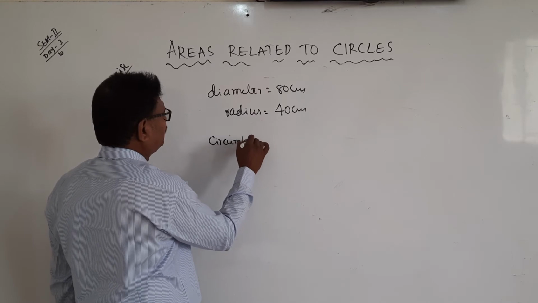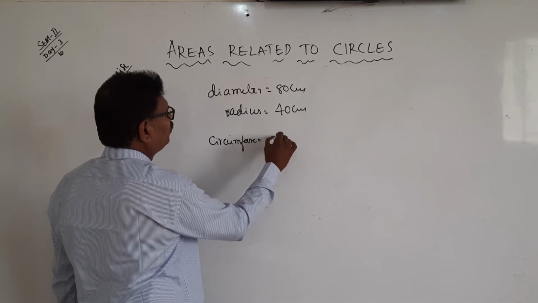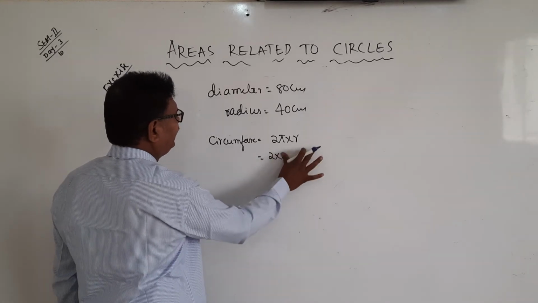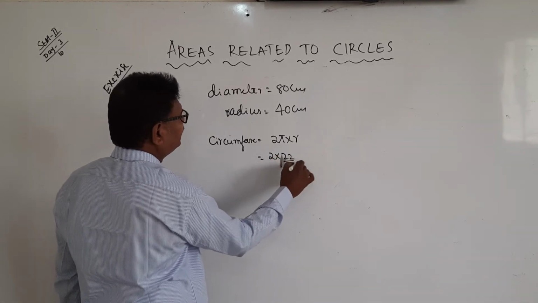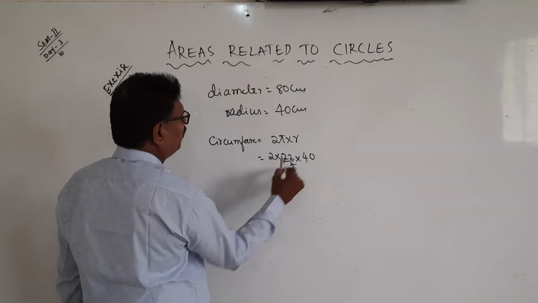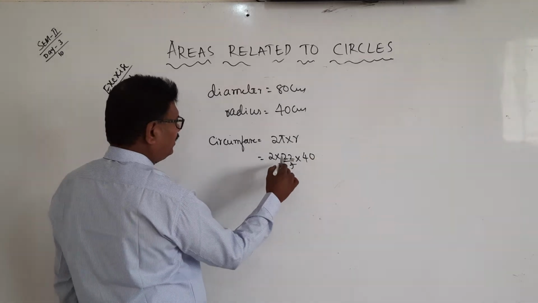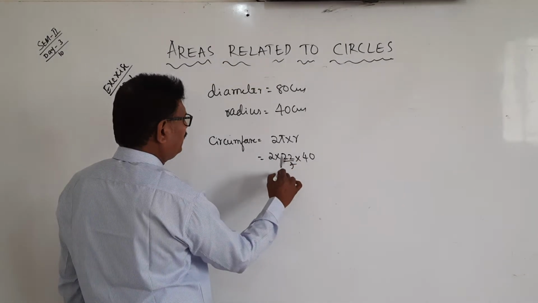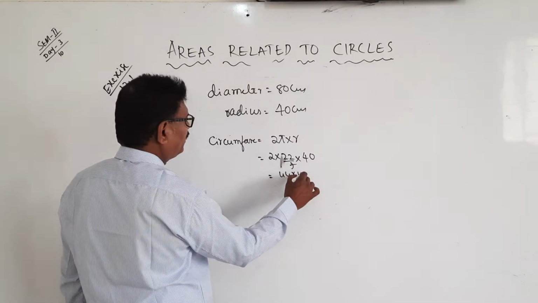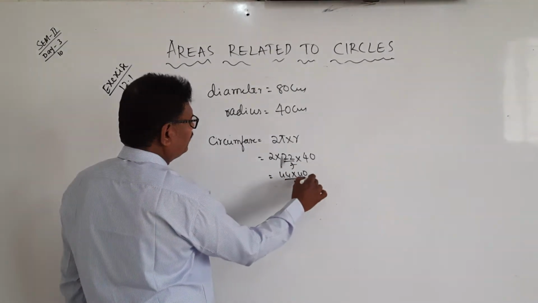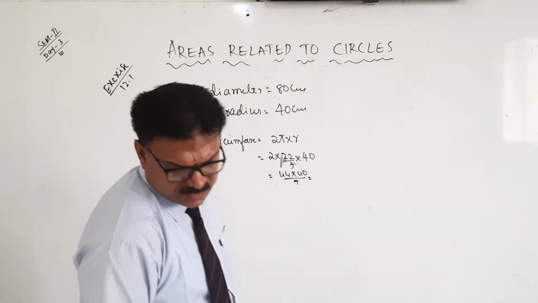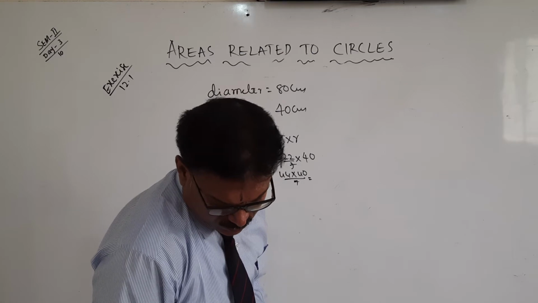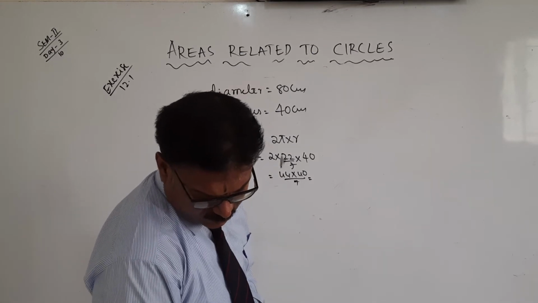Circumference is equal to 2 into pi into r. 2 into pi is 22/7 into r is 40. Okay? So it is nothing but 44 into 40 divided by 7, and it is approximately equal to this much.